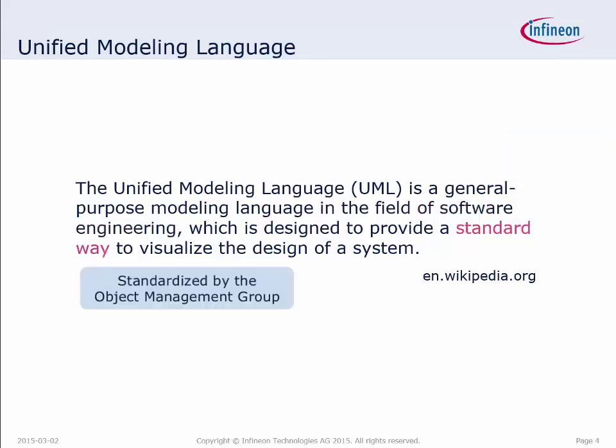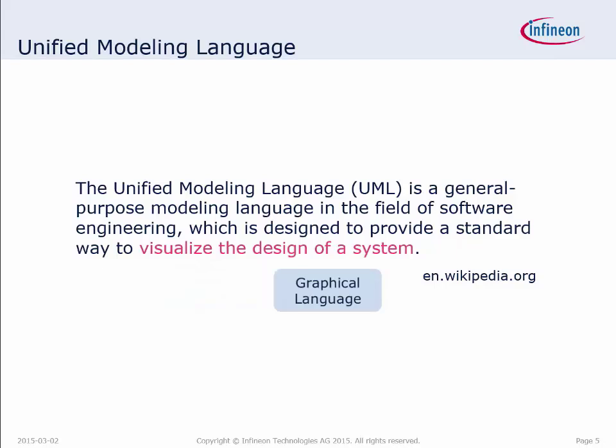Important, it tries to find a standard way to describe objects. This is the OMG, the Object Management Group, which defined this as a standard. And UML tries to be a graphical system to specify your data.